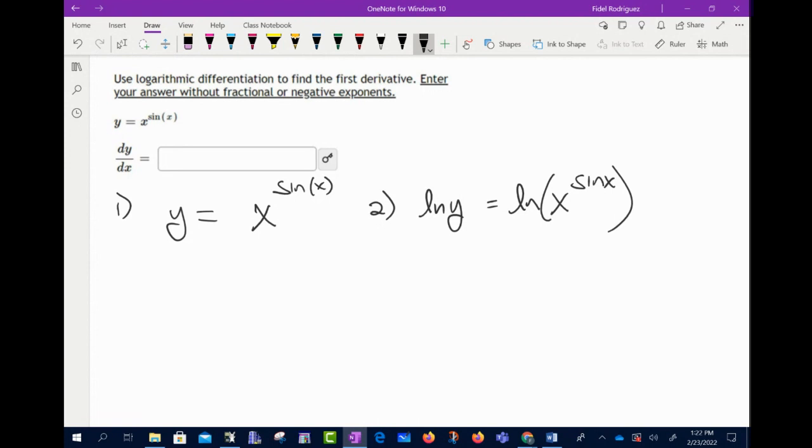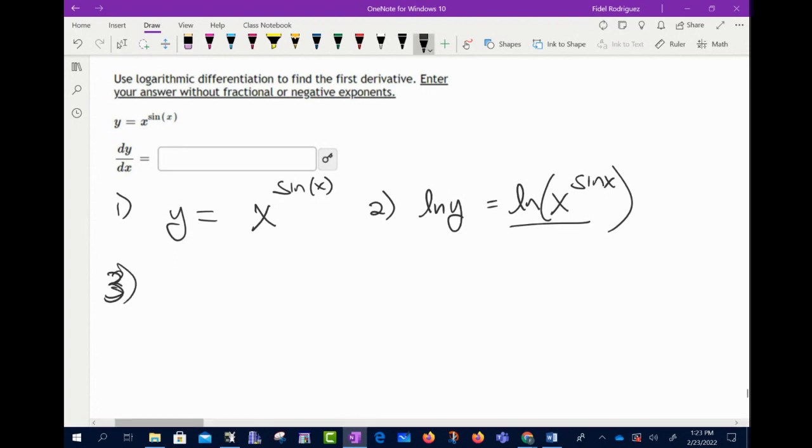Natural logarithms, right? Guys, the reason why we do the natural logarithms, you can take the derivative of other logs, but then you have other factors that have to be involved. And with a natural logarithm, you don't need it. It's easier to do.